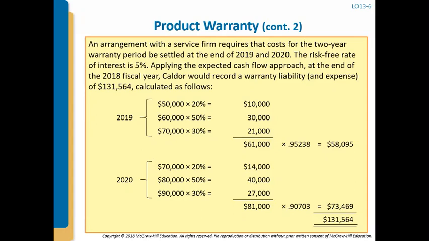and multiply it times 5% at 1 year. If you look at your present value tables, that's 0.95238.